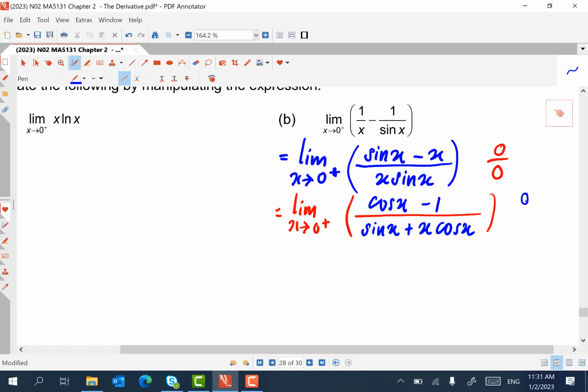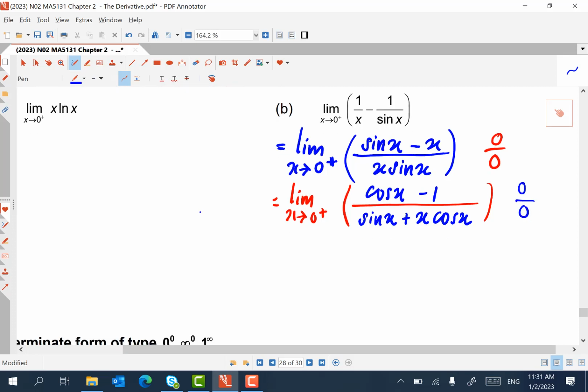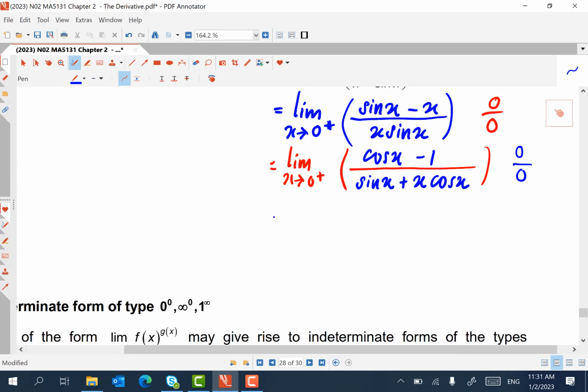Again, the indeterminate form persists, so you can do it once more.